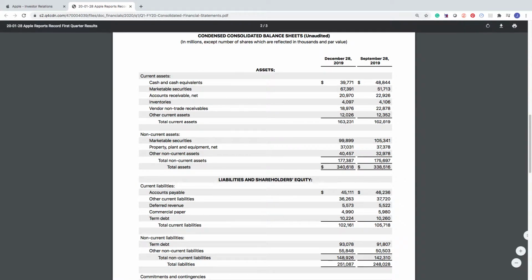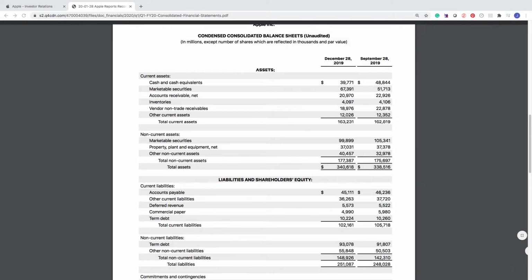Now, if we talk about the different items within the current assets, we've got cash and equivalents. This is all the money that Apple currently has in their bank account.